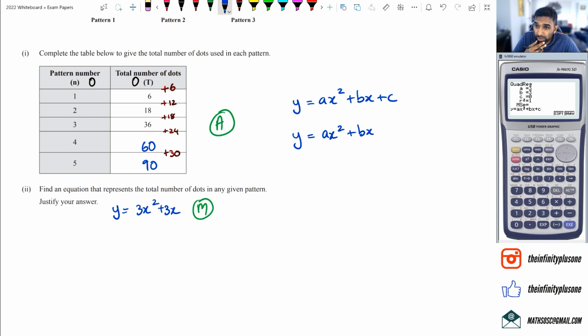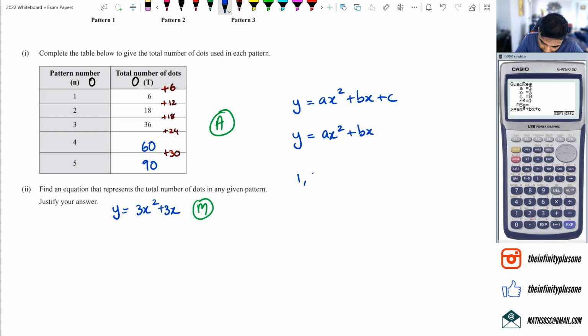So at this point, I've got to figure out what the a value is and what the b value is. I could look at the second difference, but you could also do this by simultaneous equations. And because I'm obsessed with simultaneous equations, I'm going to show you that method.